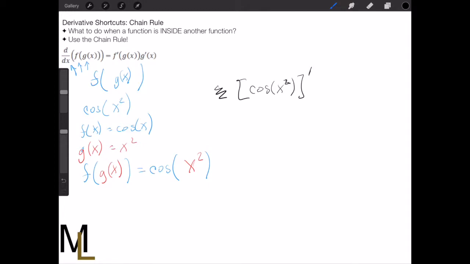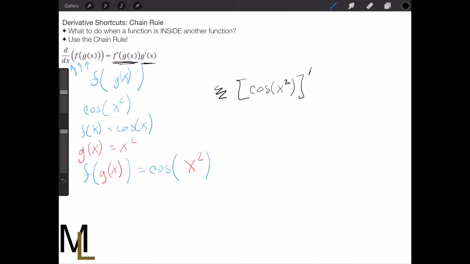Based on our previous rules, you know the derivative of cosine is negative sine, and you know the derivative of x squared is 2x, but how do these two relate? And the answer is chain rule. In chain rule, you take the derivative of the outer function and you leave the inner function inside, and then you multiply by the derivative of the inner function, okay?